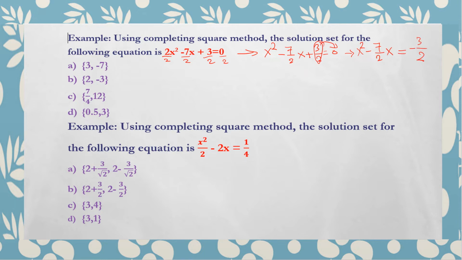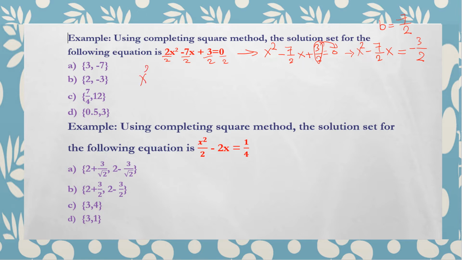The second step is to add the coefficient, which equals b over 2 squared, and b in this equation equals minus 7 over 2.